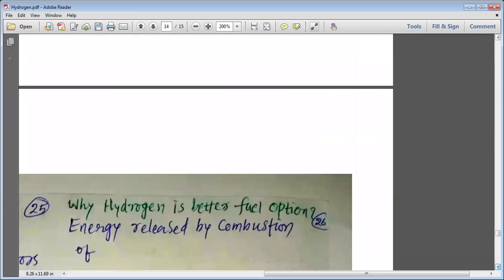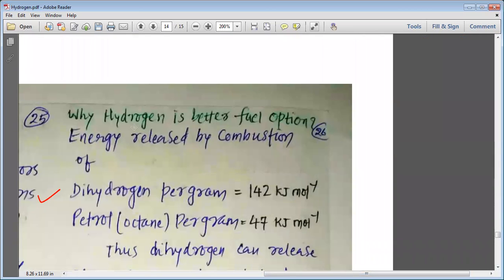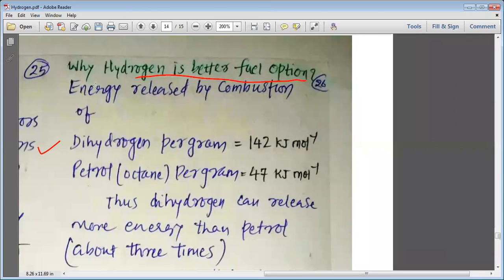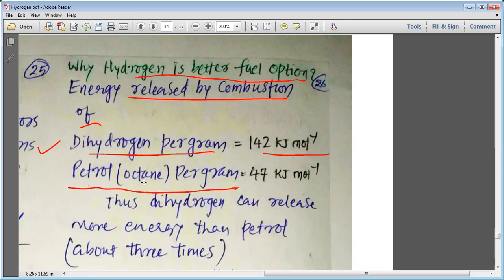Now, my dear students, let us understand why hydrogen is a better fuel option. The energy released by the combustion of dihydrogen is 142 kilojoule per gram. But the energy released by the combustion of petrol, or octane, is 47 kilojoule per gram.